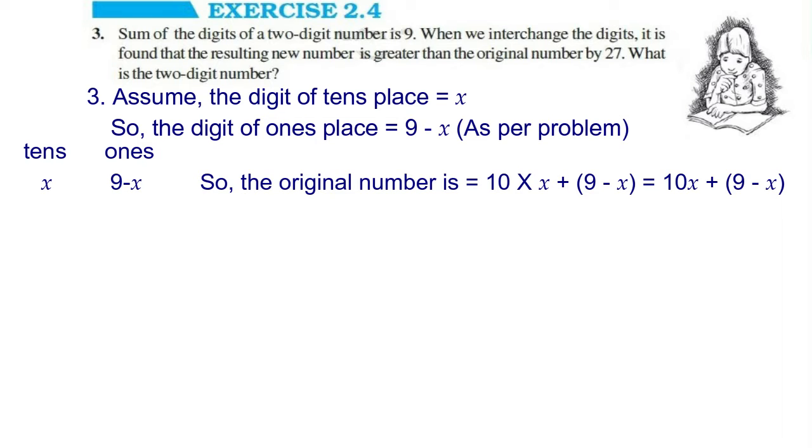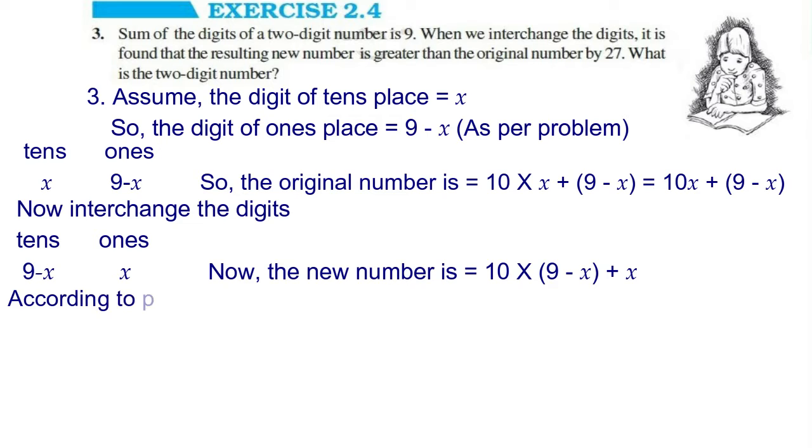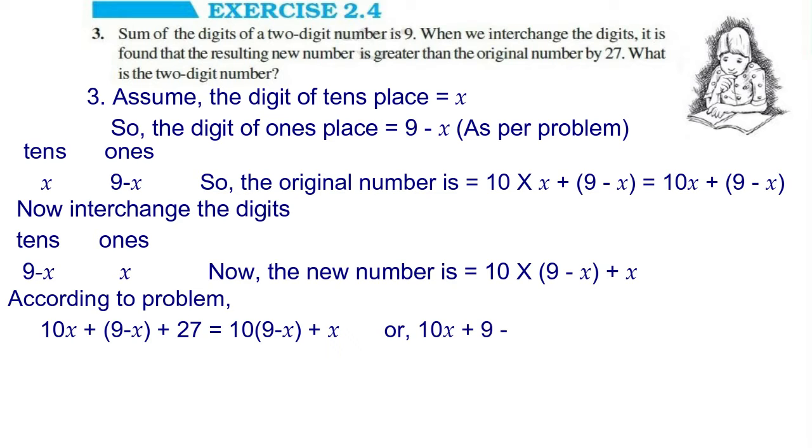After interchanging the digits, the new number is 10(9 - x) + x, because now the digit at the tens place is 9 - x and the digit at the ones place is x. So according to the problem, we can write 10x + (9 - x) + 27 = 10(9 - x) + x. Now we can write 10x + 9 - x + 27 = 90 - 10x + x.